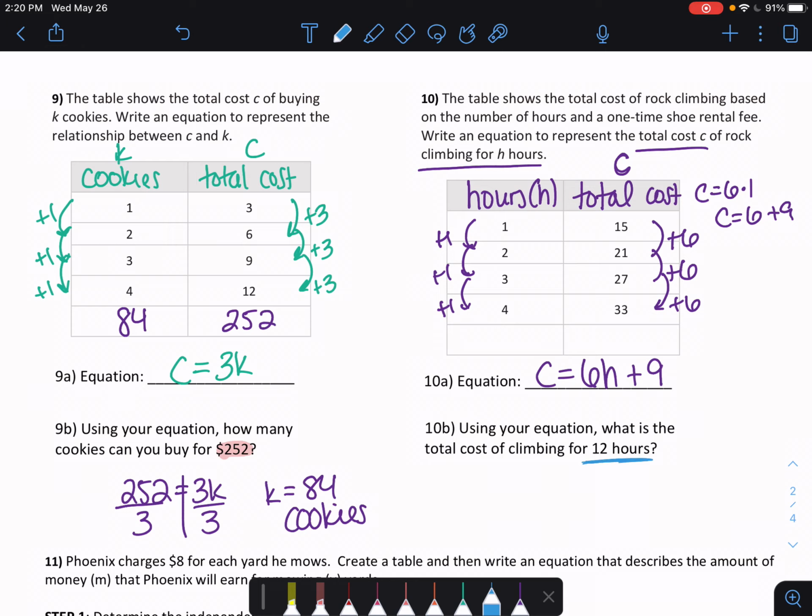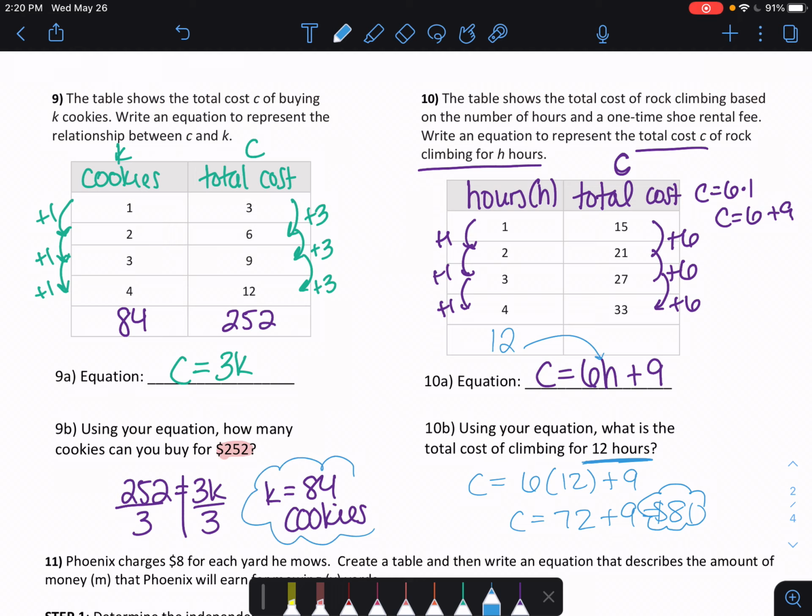Well, I'm going to put the 12 hours in the hours column of the table. That means that 12 hours is an input, and I'm putting it in for H. So I'm going to say C equals 6 times 12 plus 9. So 72 plus 9 is going to be $81. So this is going to be 81.